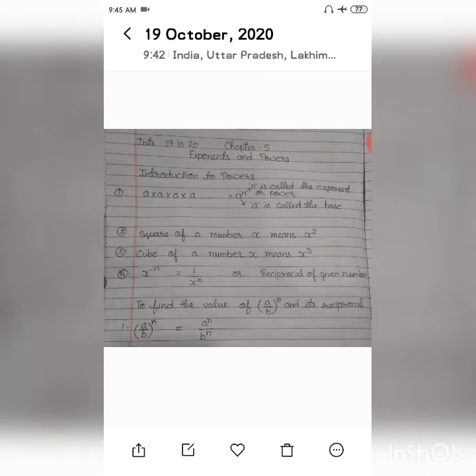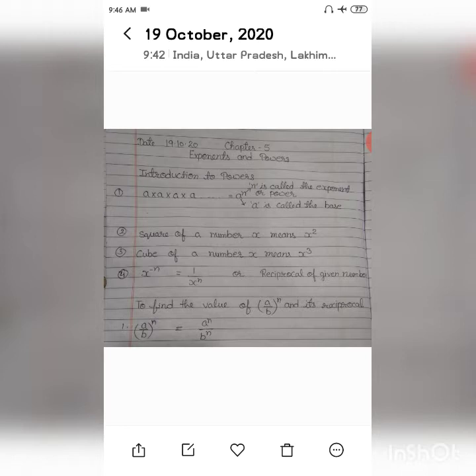If power is in minus, so we can write 1 upon x power n, or we can write the reciprocal of the given exponent.